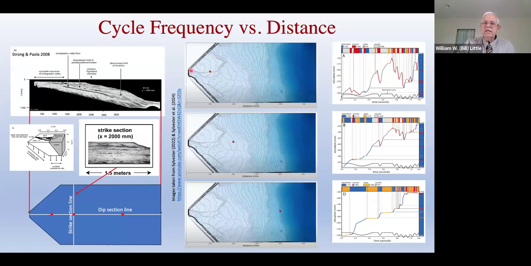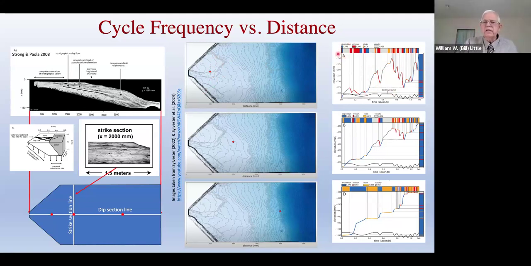As we would anticipate in the proximal area, where base level comes into contact with the shoreline, as it rises and falls, we're going to see significant episodes of deposition and also of erosion. And much of the sediment that was originally deposited is going to be removed. And we're going to have a very incomplete stratigraphic record that is present.